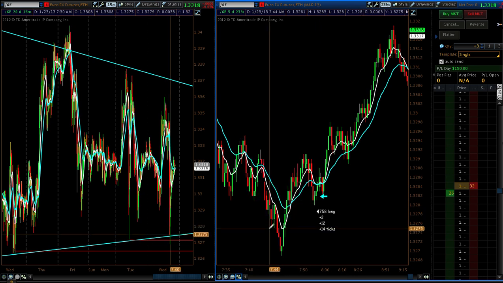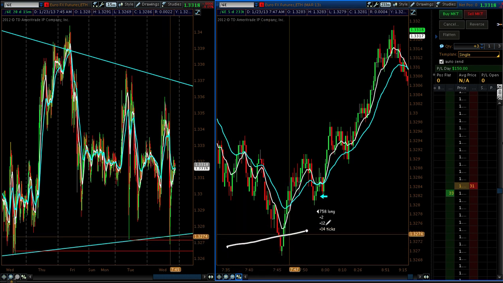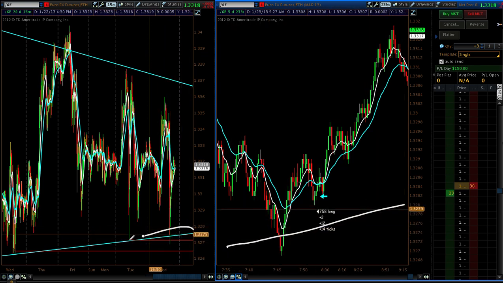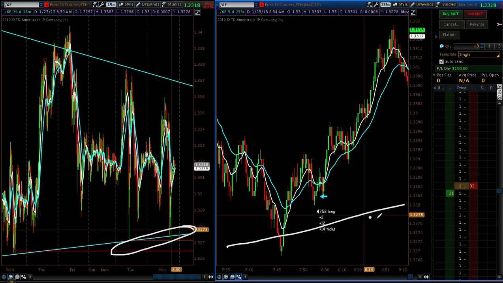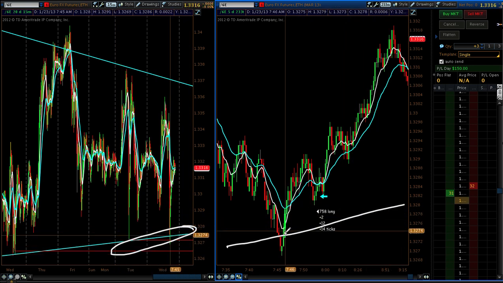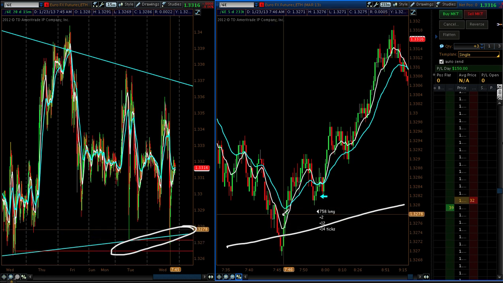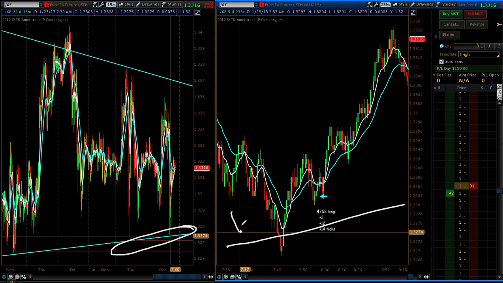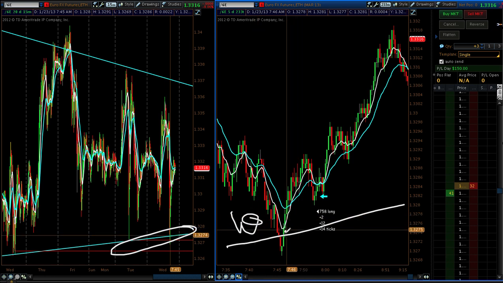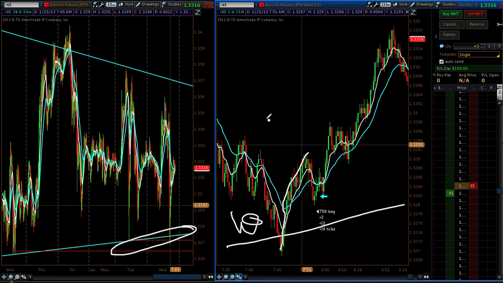As soon as it came down and tested this trend line, which is this one right here, I'm looking for a reversal pattern. I don't really have any reversal patterns set up here, like a double bottom or anything like that. So I'm just taking the lows to the high on the micro time frame.